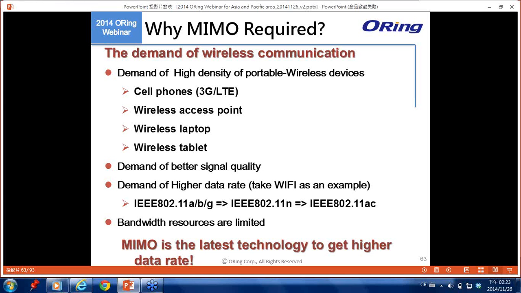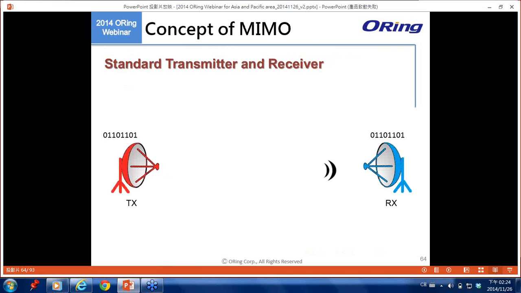But how to achieve that? We may need to start from the essential concept of wireless communication. Basically, there must be a transmitter and receiver to establish the wireless communication. Traditionally, it's one-to-one communication, which is also called SISO, which stands for single input and single output.